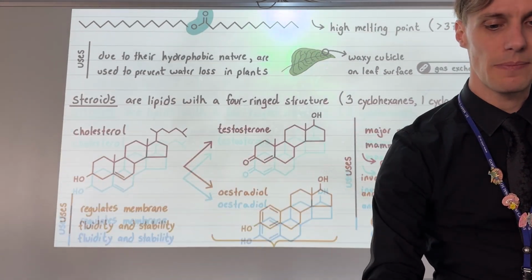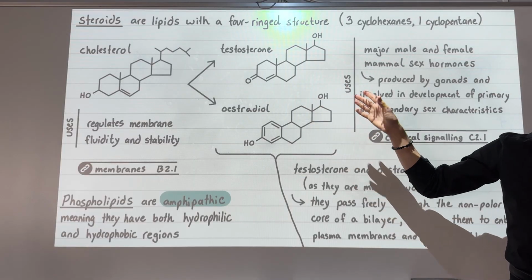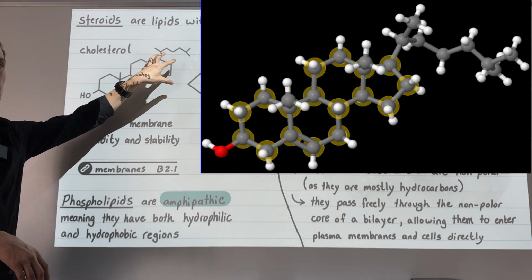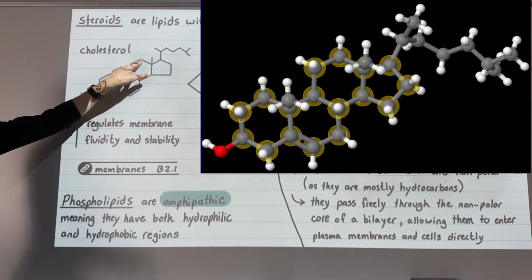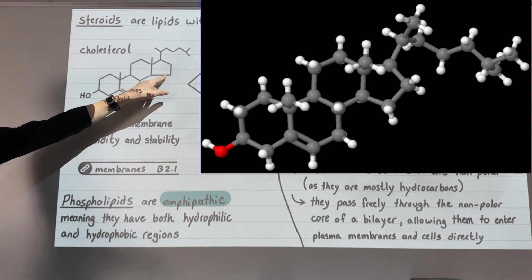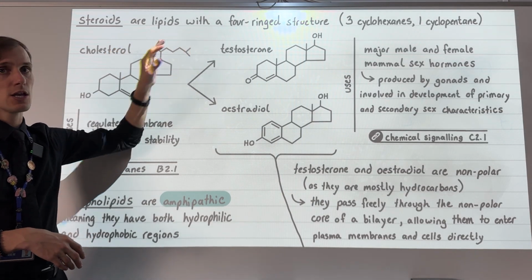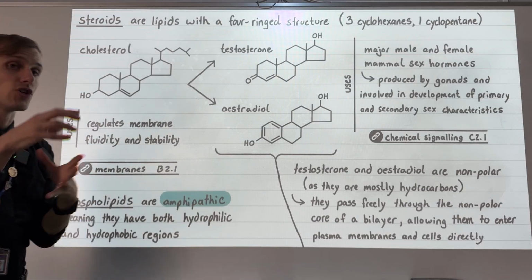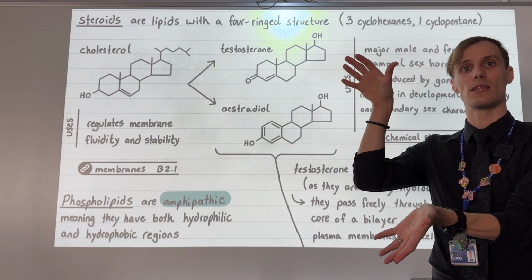Now, another type of lipid that we've already discussed in this class are steroids. So a steroid are lipids that are made up of 4 joined rings together. And it's actually 3 cyclohexanes and 1 cyclopentane. And some of them may even have a hydrocarbon chain. So a cholesterol is usually the progenitor or the originator of other types of steroids in the body.